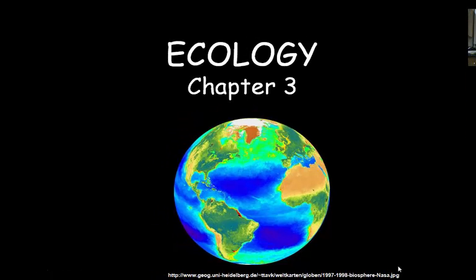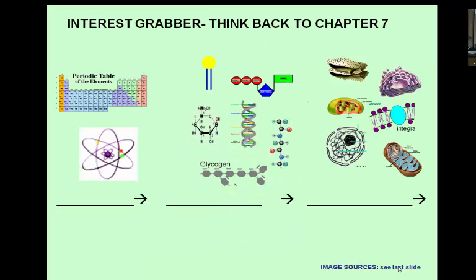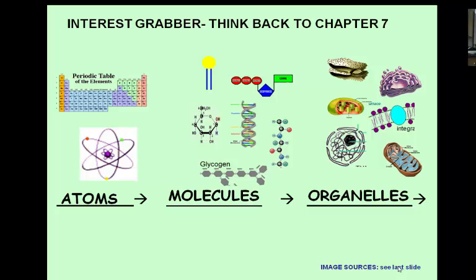Okay, so if you remember from cell bio, we break down the cell into basically its smallest unit. The smallest unit that makes up a cell is the atom. Atoms are found on the periodic table. Atoms make up molecules. Molecules then make up organelles, which we find in the cell.